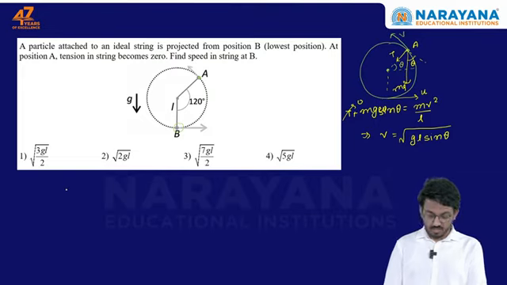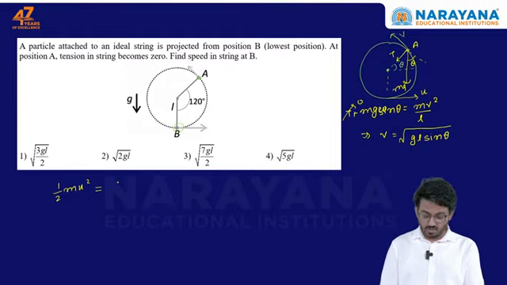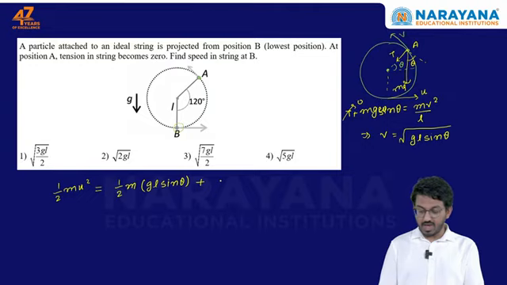If I conserve energy, at the bottom the energy is half m u square, and finally the body has some kinetic energy at A which is half m v square, and v came out to be root of gL sine theta, so we square that, plus the height above the base point B, which is going to be mgL into 1 plus sine theta.